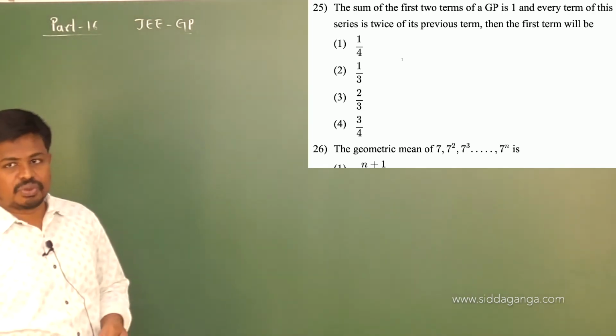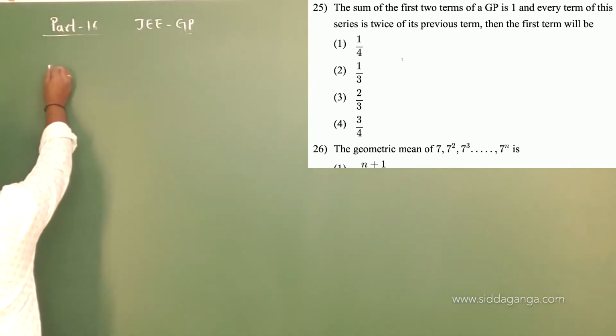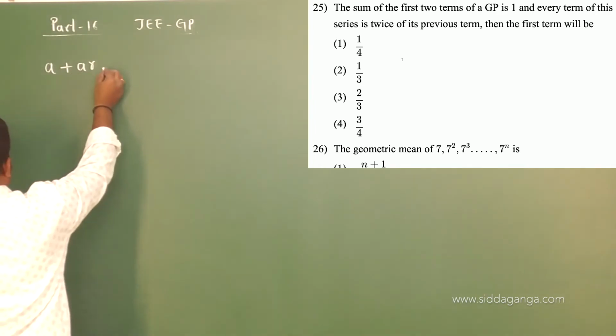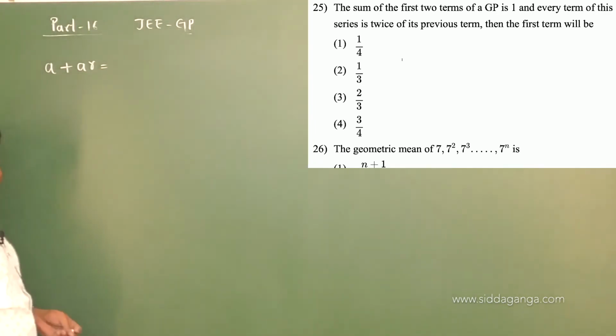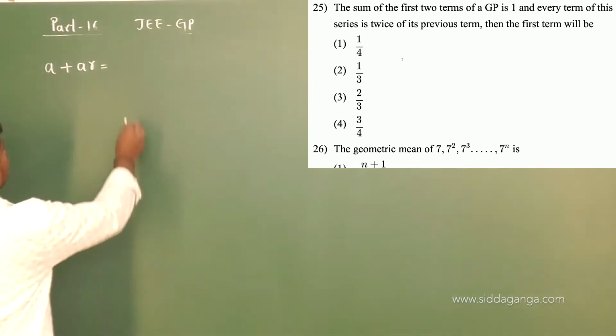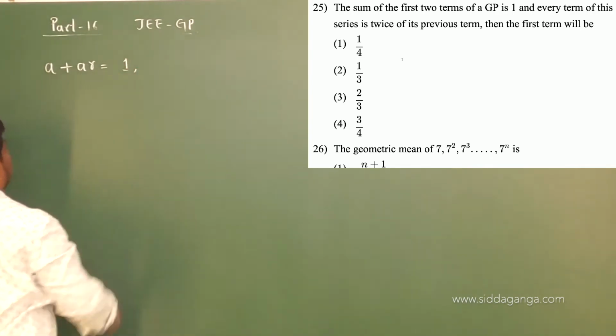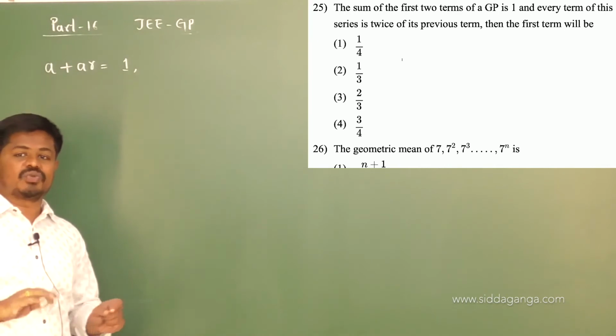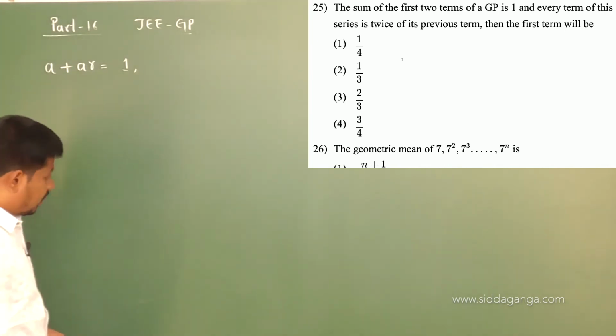So sum of first 2 terms is given. So I am going to take A plus AR, where A is the first term, second term is AR. Sum of first 2 terms is given, that is what 1. And one more thing we have, every term of this series is twice of its previous term.